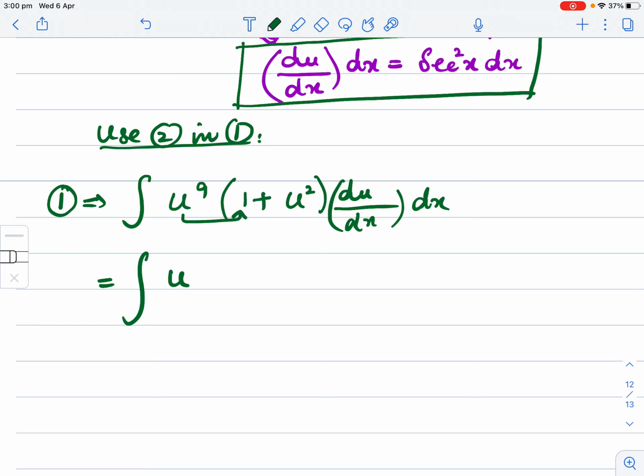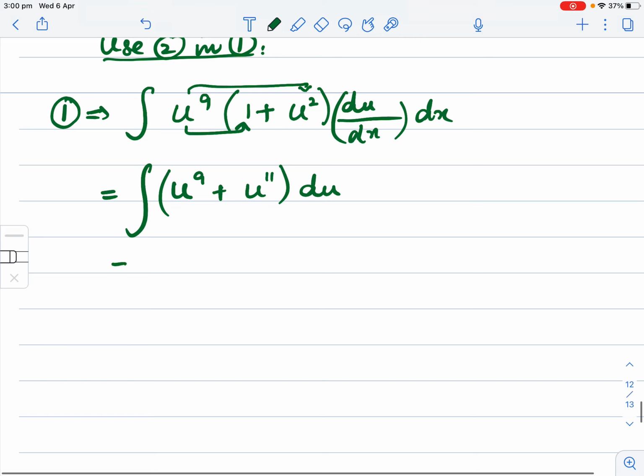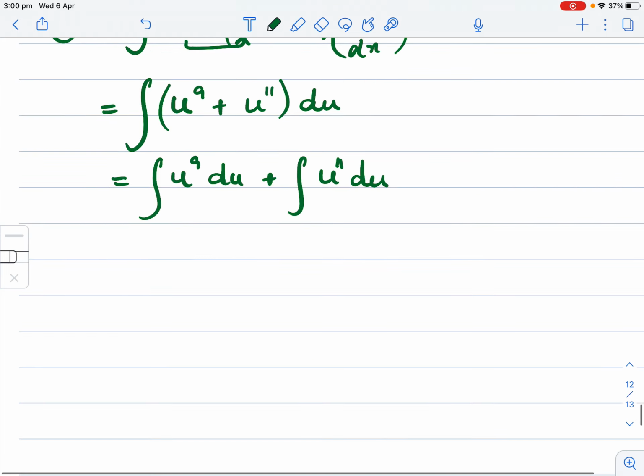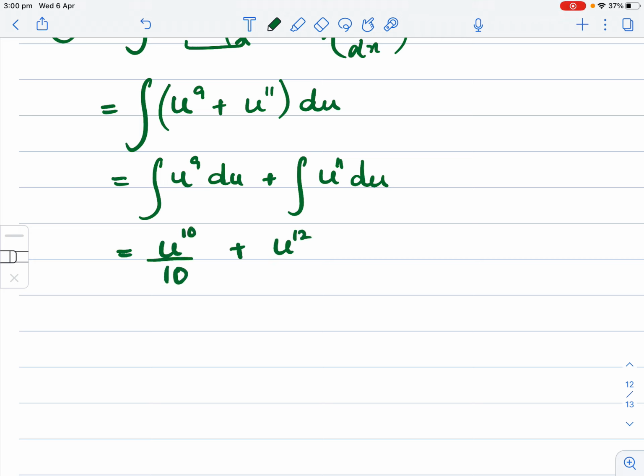I have to multiply this u^9 with every term, so it is u^9 plus u^11 du. And then we have to integrate every term separately: integral u^9 du plus integral u^11 du. When you integrate it, it will give you u^10 over 10 plus u^12 over 12 plus c.